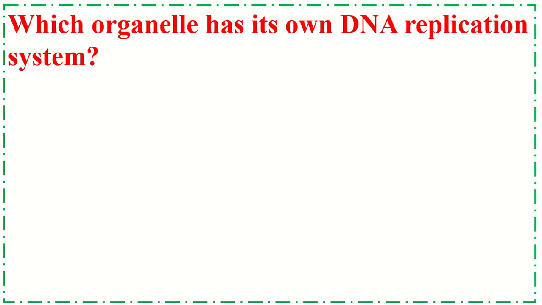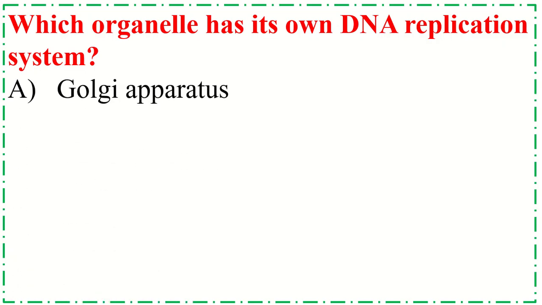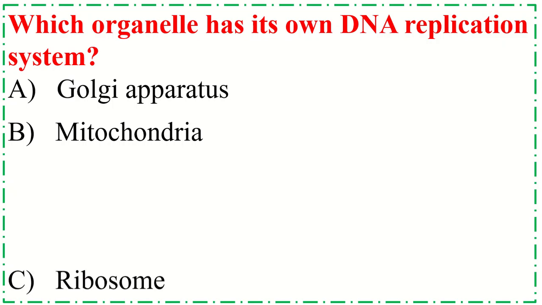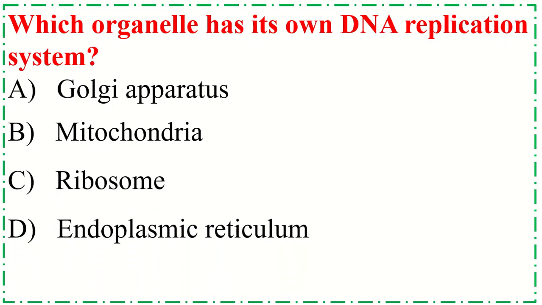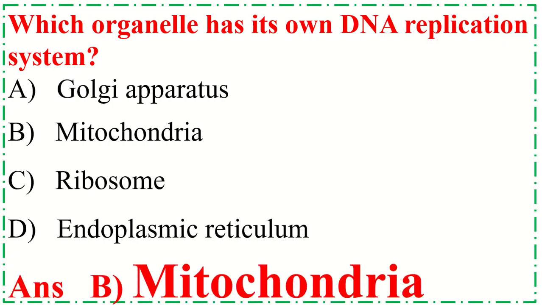Which organelle has its own DNA replication system? Option A, Golgi apparatus, B, mitochondria, C, ribosome, D, endoplasmic reticulum. Correct option is B, mitochondria.